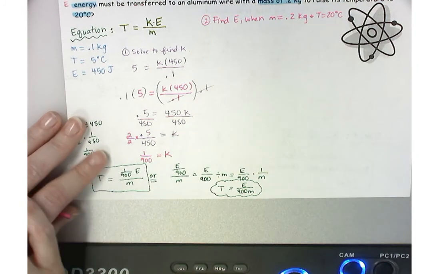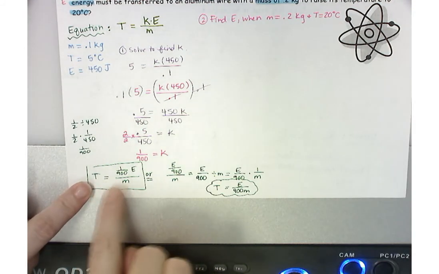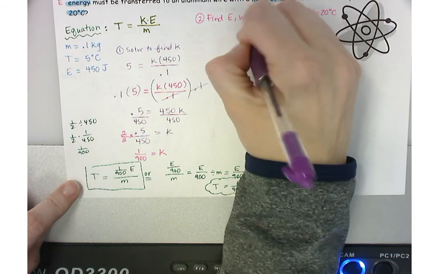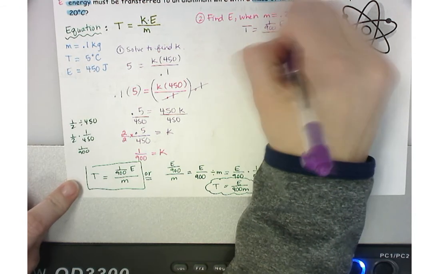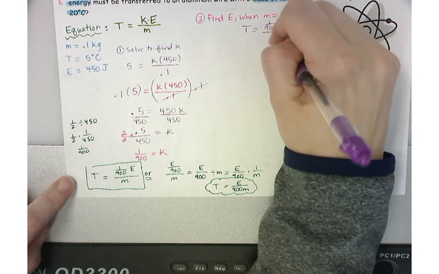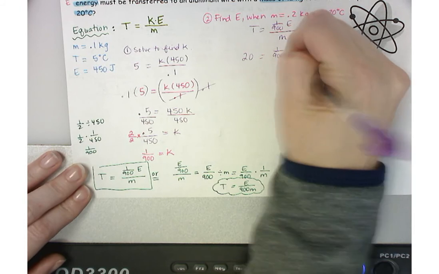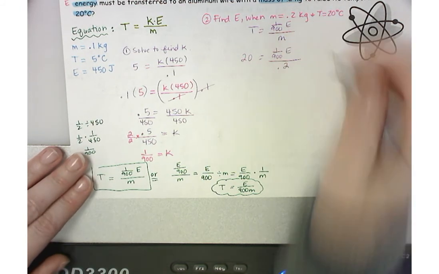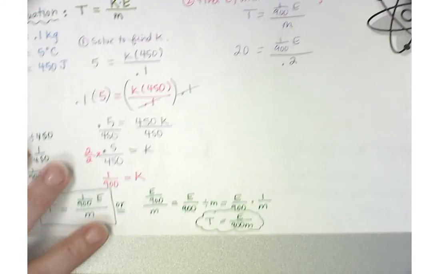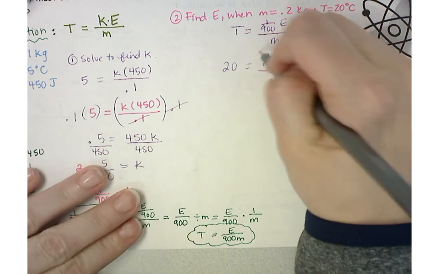So I'm just going to move it back 1. 4.0 is 4. Okay, so it's 4 equals 1 over 900 E. Then multiply each side by 900. Then multiply each side by the reciprocal. And 4 times 900, just do 4 times 9, 36, and then add your 2 zeros in. And then remember that you want to put your units, so the energy would be 3,600 joules.